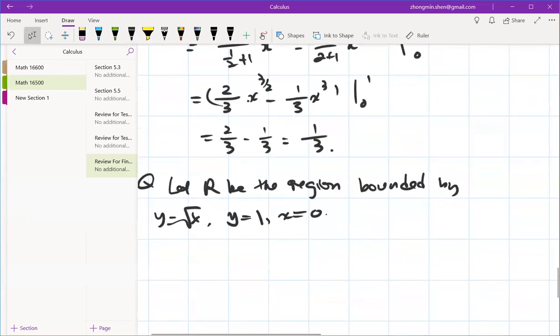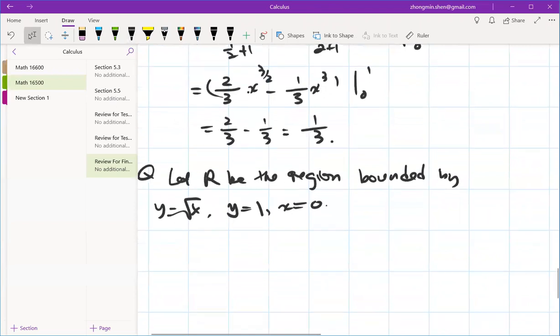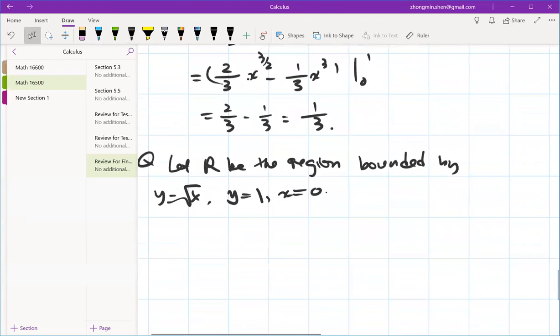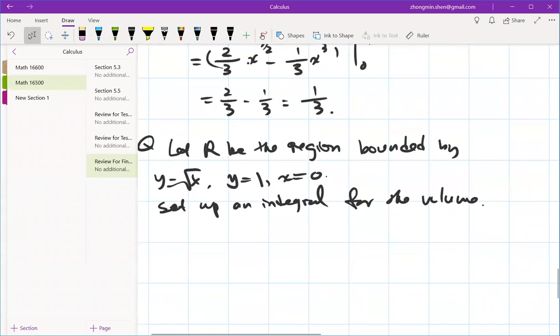So set up the integral for the volume of the solid generated by, either way, rotating about the x-axis or rotating about the y-axis.